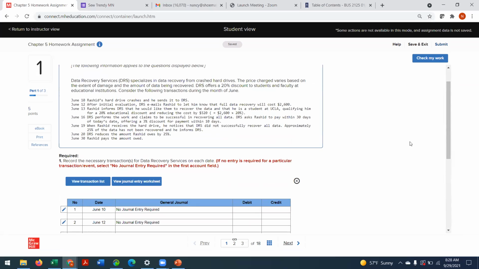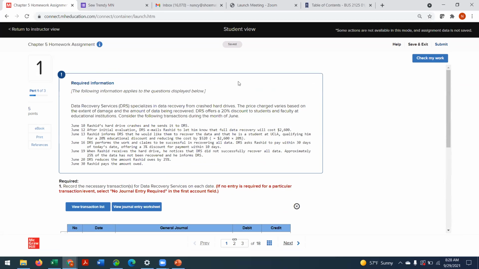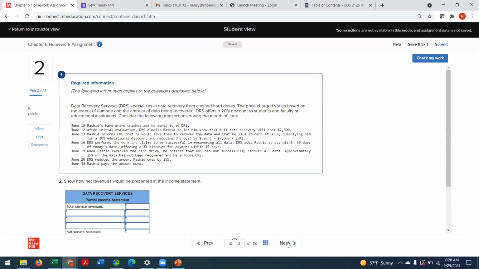Okay. Now, the next one, show how revenues should be presented in the income statement. Well, our total service revenues should be $2,080.